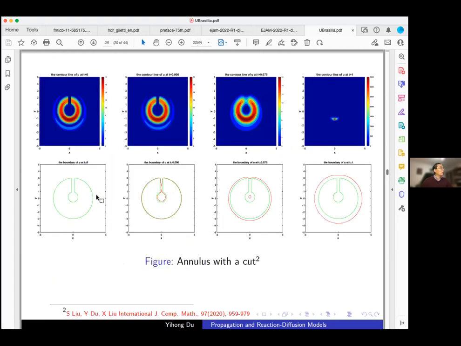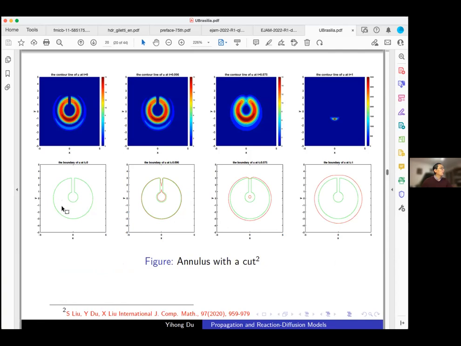Now this numerical simulation is from a paper with Shuang Liu and Xinfeng Liu from the University of South Carolina. It gives us an idea about how this population range evolves.